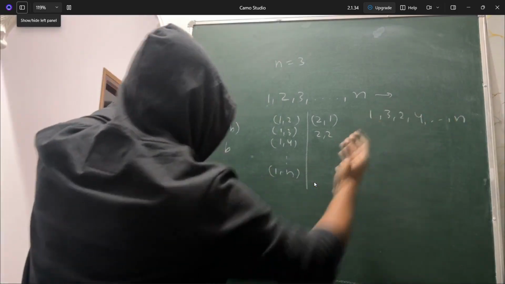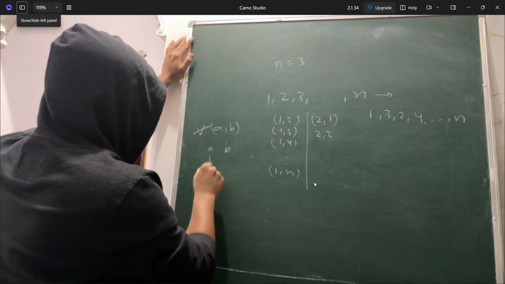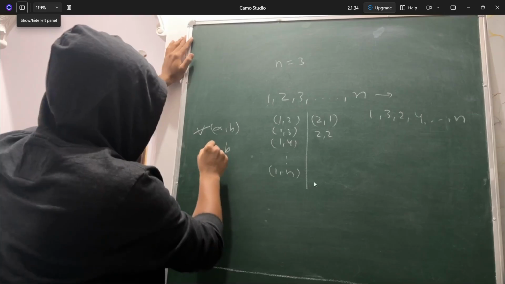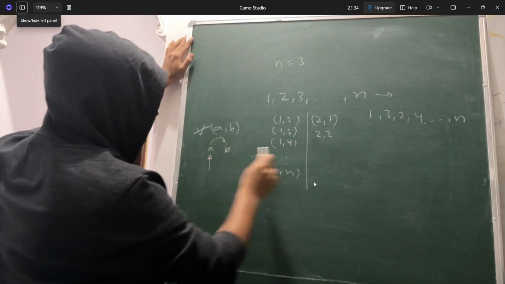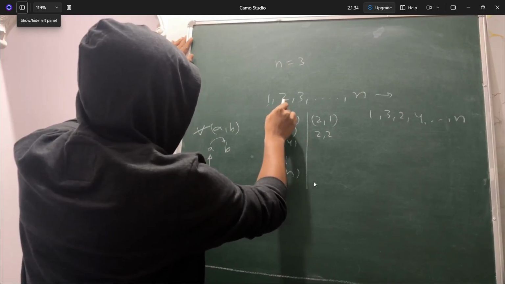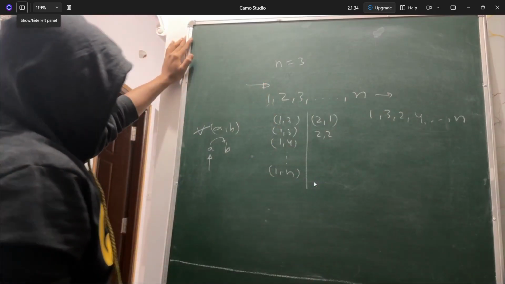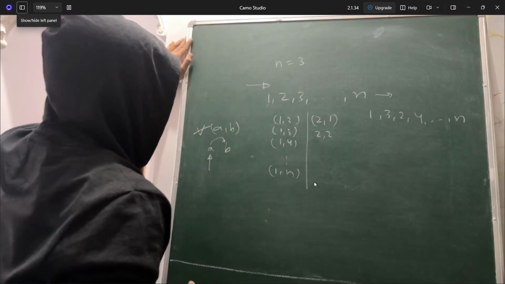So in these permutations, what they're saying is A beats B if A is appearing before B, which means, let's say you take the pair 1, 2, in this permutation A is appearing before B, because if you take from left to right, this is the ranking condition you can think of.